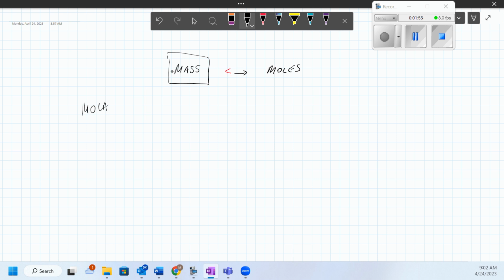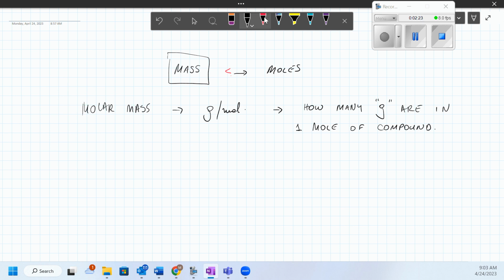So molar mass always has units of grams per mole. It indicates how many grams are in 1 mole of any compound that you are dealing with.